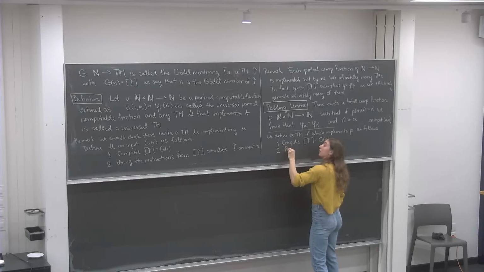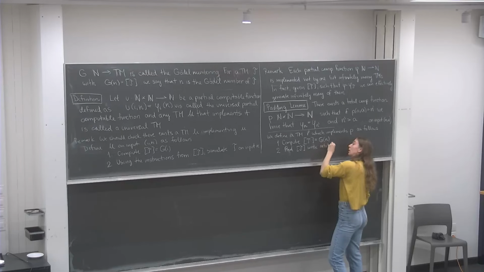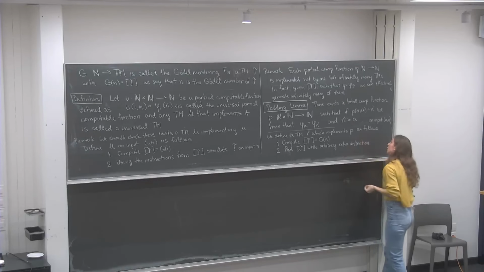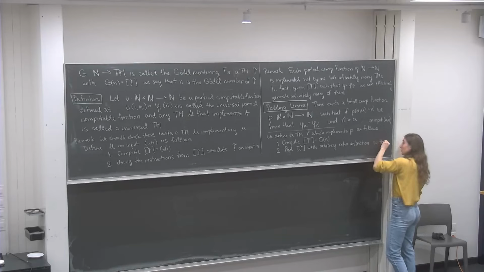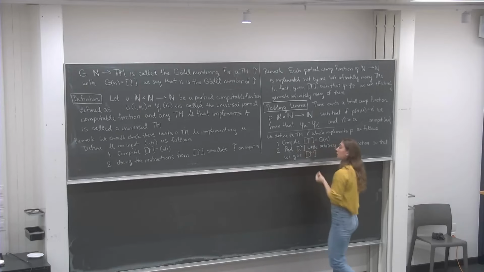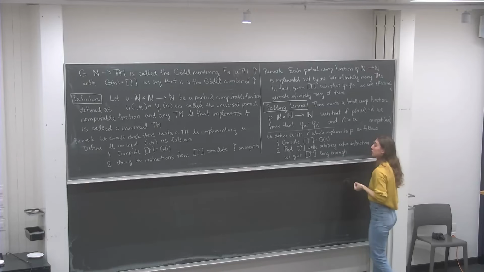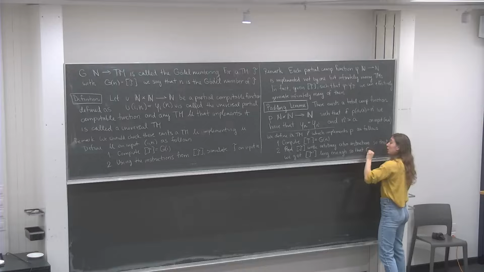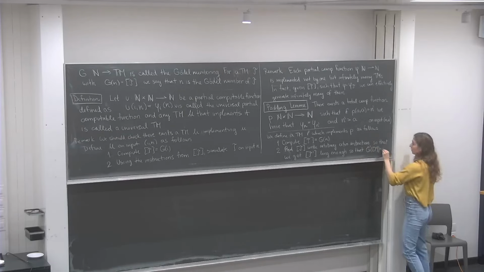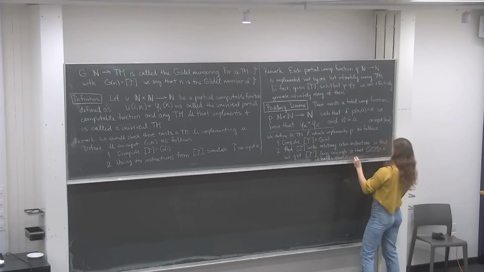Let's say pad T with arbitrary extra instructions so that we get a valid description of some other Turing machine, and this description is long enough so that if we compute the Gödel number of this description T prime, it holds that n prime is larger than a.